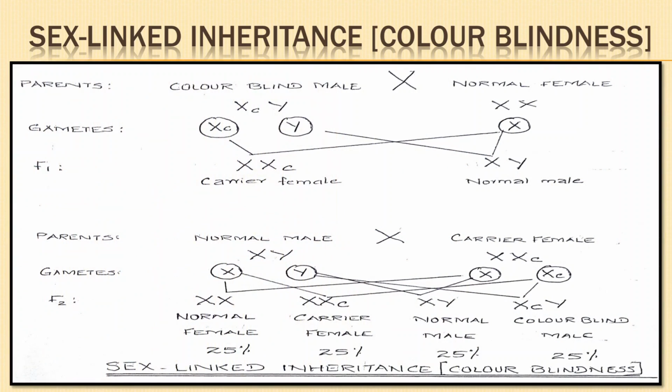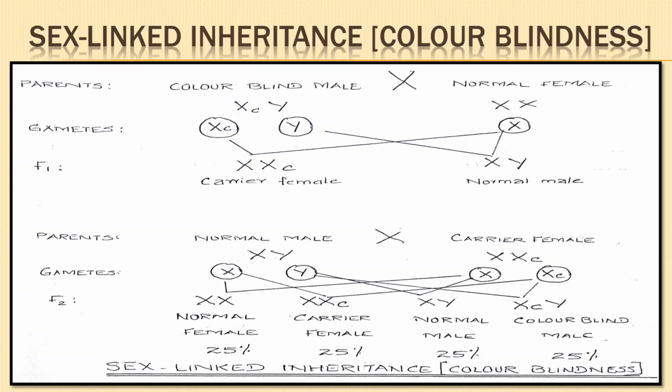A color-blind person cannot distinguish between red and green colors. If a color-blind male marries a female with normal vision, then, as shown in the figure, the first generation of offspring will have normal vision. The daughters act as carriers of the disease.